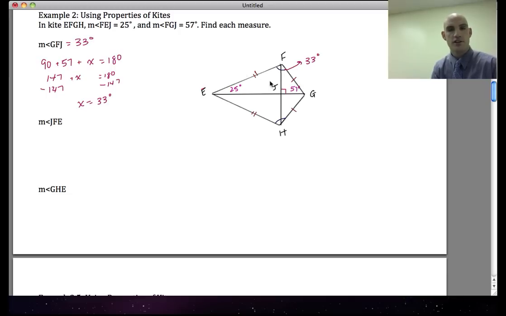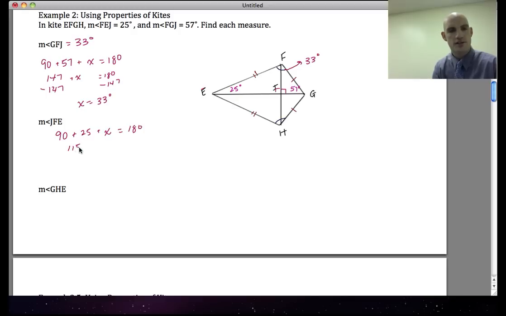I also want to find JFE, so I'm going to find the other half of this angle. Well, once again, I have this 90-degree angle here, and so I have 90 plus 25 plus an angle that I don't know here, X, is equal to 180.